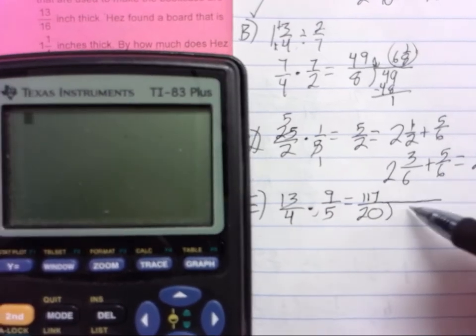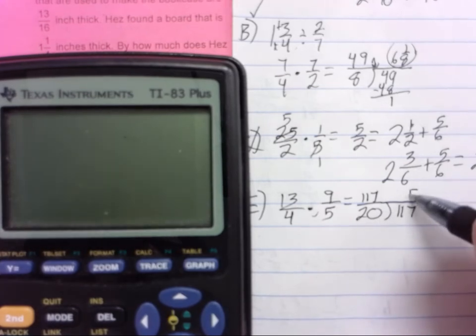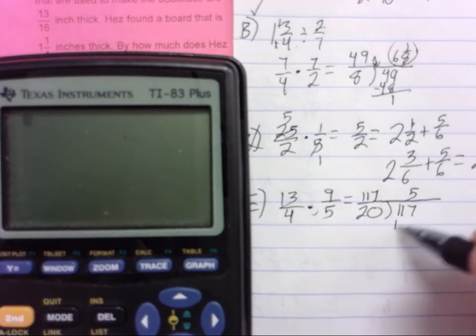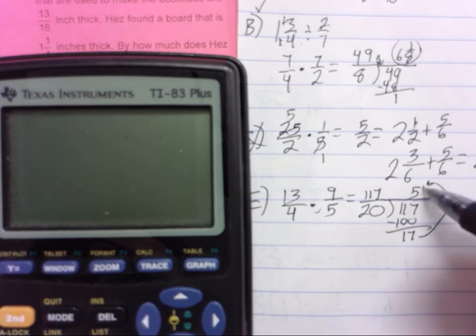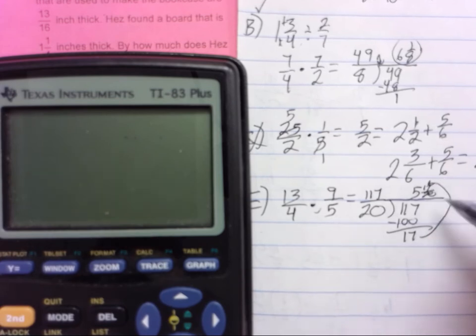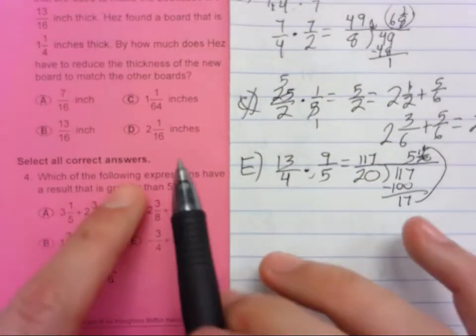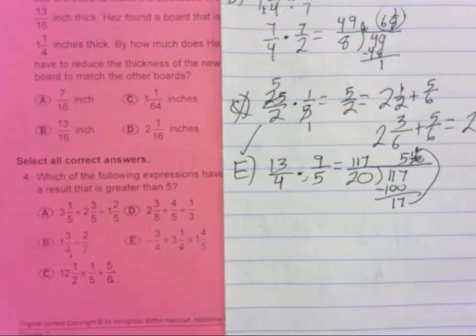And then drop the 117. 20 goes into 117 5 times. 20 times 5 is 100, minus, and you get 17. So bring that up, and you get 17 over 20. 5 and 17 over 20 is greater than 5. So that one works as well. Just 2 answers there.